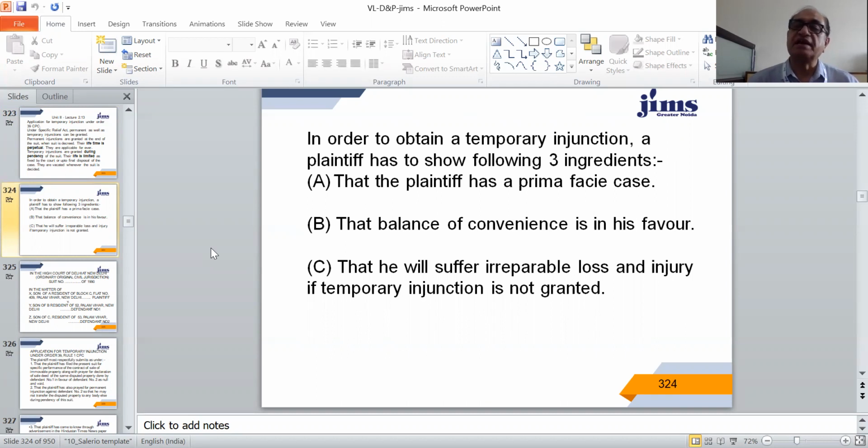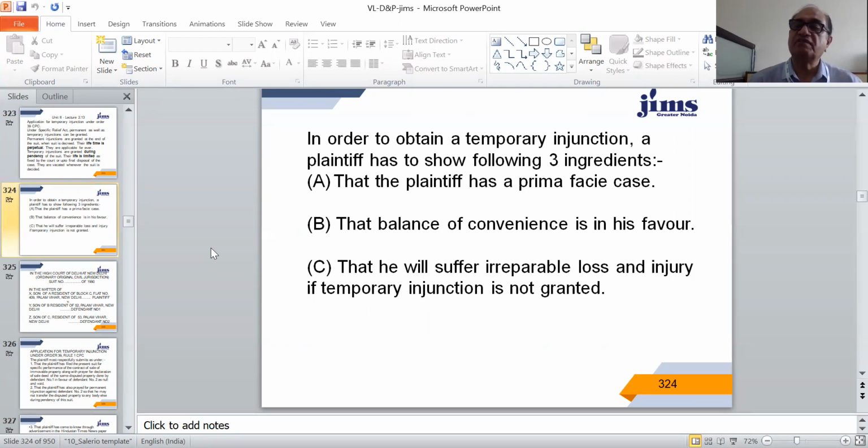If injunction is granted, then the defendant will suffer no harm, whereas the plaintiff will suffer great harm. So this is balance of convenience that is also in favor of the plaintiff. And third, C, that he will suffer irreparable loss and injury if temporary injunction is not granted.